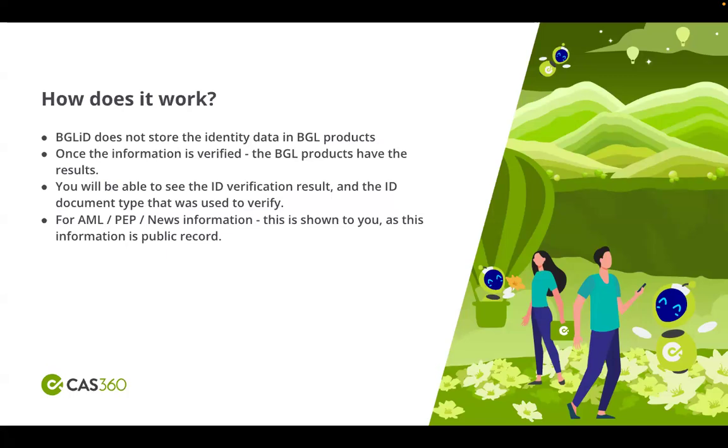So what's important is if you are using the request ID verification, like I said before, BGLiD does not store the identity data in any BGL products. What you will actually receive back is that the results were verified. You will get a document or report that tells you which ID your client used to verify.